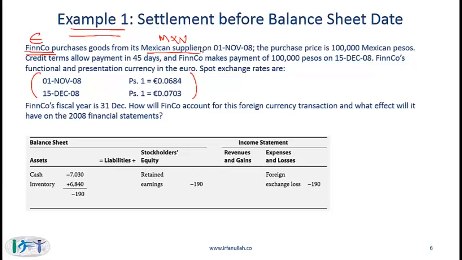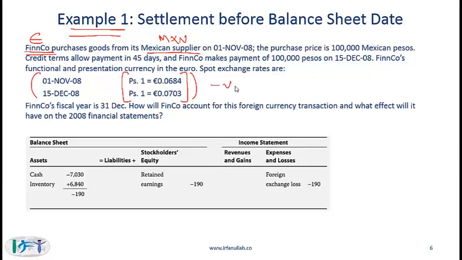The next point to note is that in the way the currency exchange rates are given, the Mexican peso or the foreign currency is the base currency because we have one unit of the base currency. And also the Mexican peso is appreciating, which means that the euro is weakening.